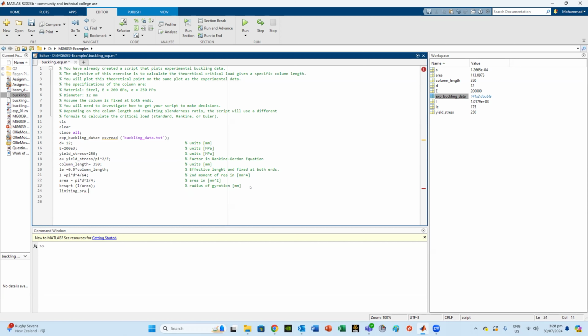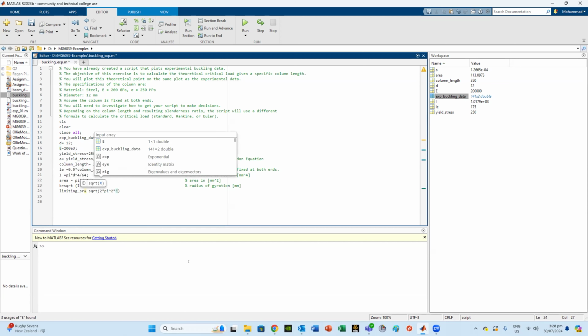Based on the formula given to us for slenderness ratio under buckling, you can go and check it out later. It's the square root of 2 pi squared E over the yield stress. So everything is available on it. It means we have a constant, so we can write the equation: square root, brackets, 2 times pi squared times E, which is Young's modulus, all of that divided by the yield stress.